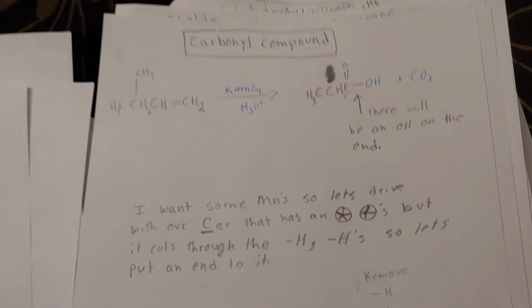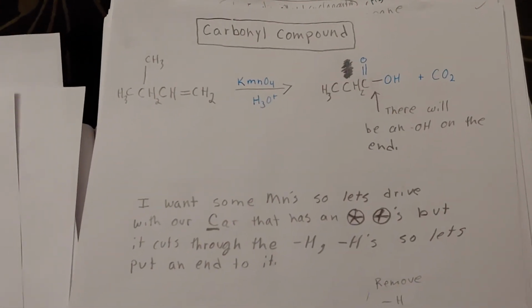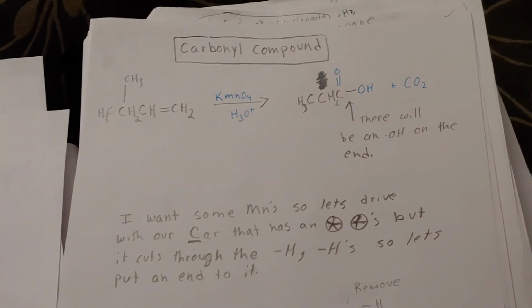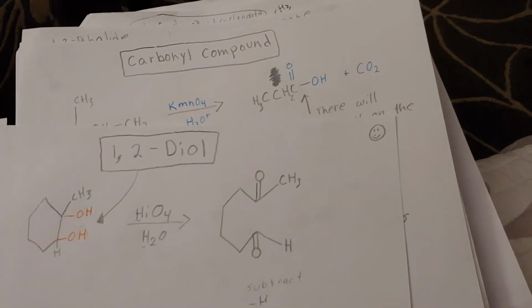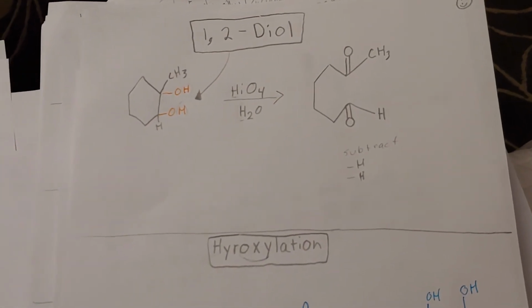cyclopropane. So one thing that I want us to do is, what are all the things that have the H and H's? So the carbonyl compound gets rid of H and H's. What's something else that deals with H and H's? The diol compound deals with H and H's.